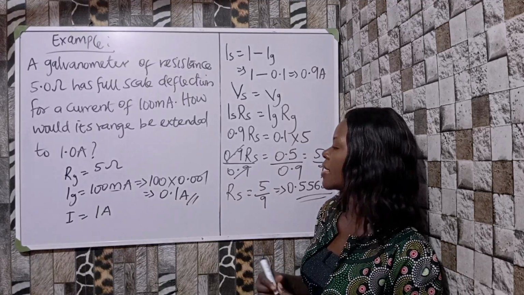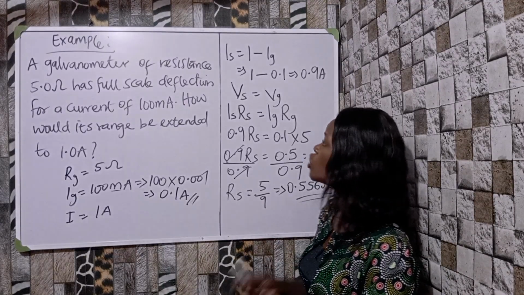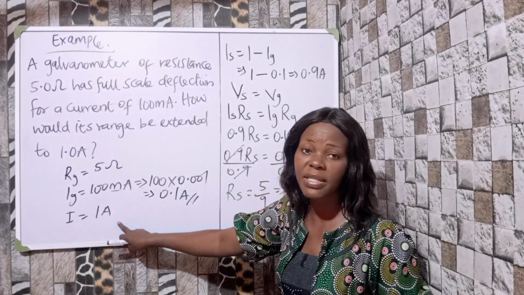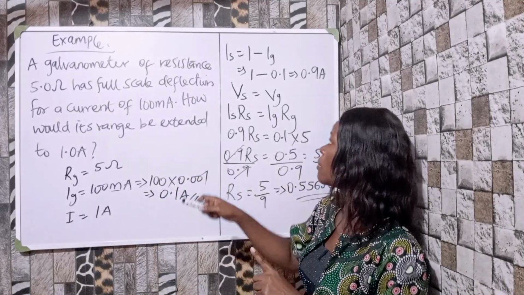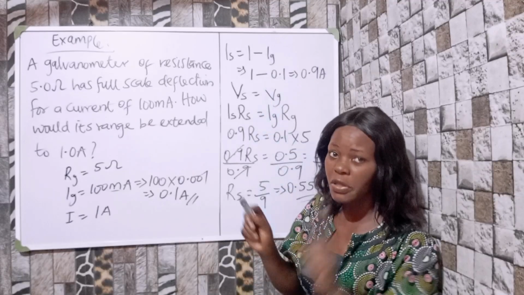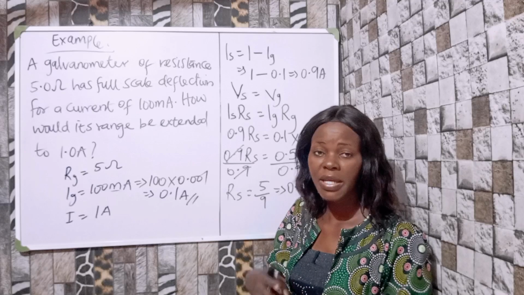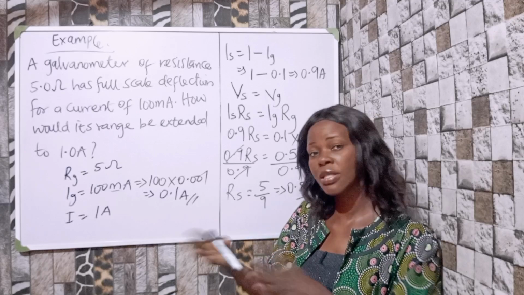Now, this is the only way the galvanometer can be converted to what? Ammeter, right? If you're able to know the total current flow, which is 1 ampere, then you subtract from it the current of the galvanometer. That will give you the current of the shunt, right? You use our PD formula, that's from Ohm's law. PD across shunt equals PD across galvanometer.